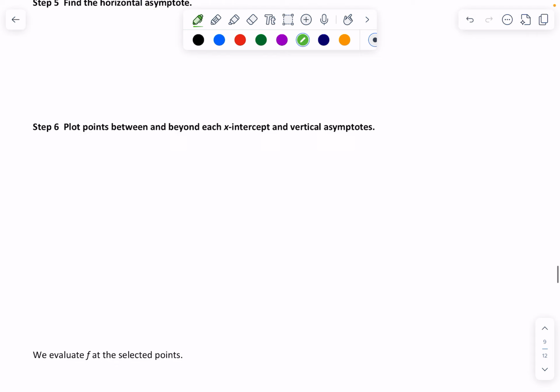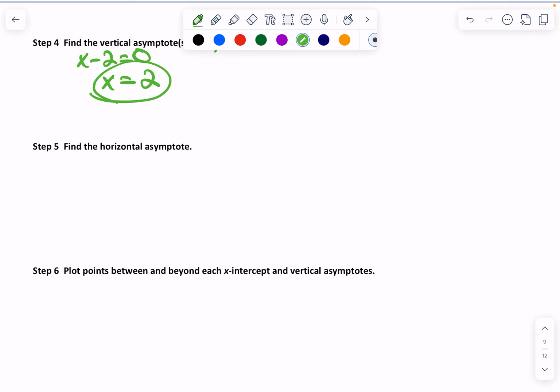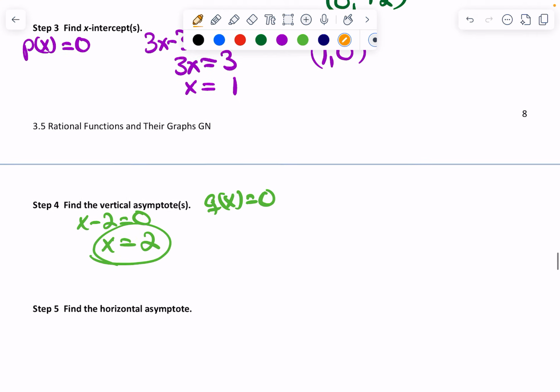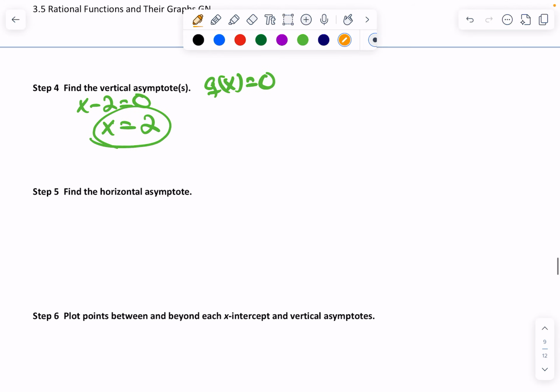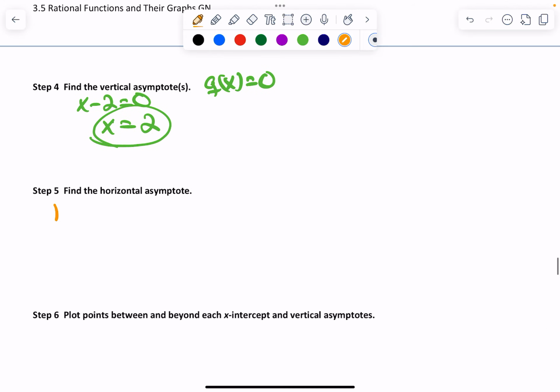Okay, next we're going to find the horizontal asymptote. If we look at our original equation, our degrees are 1 and 1. So it's n equals m.